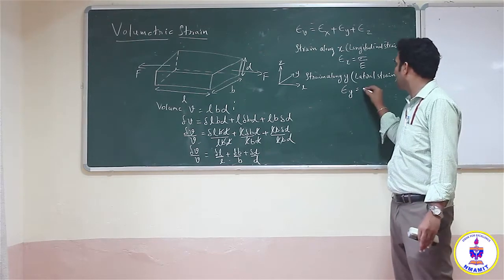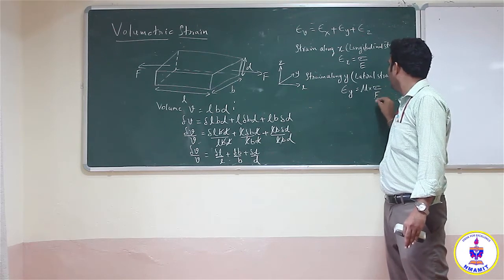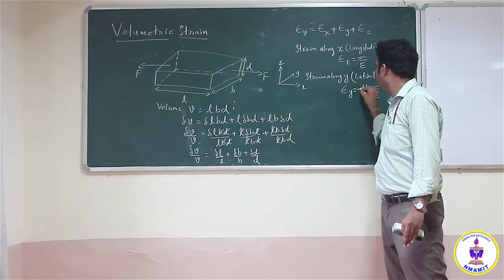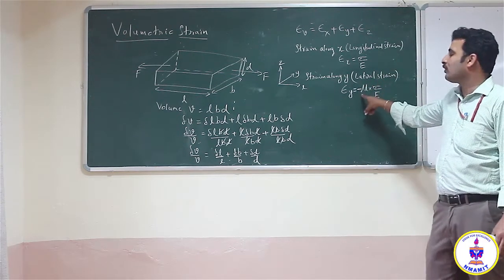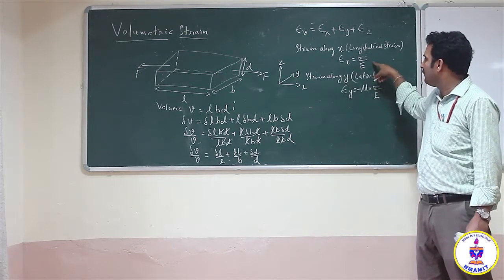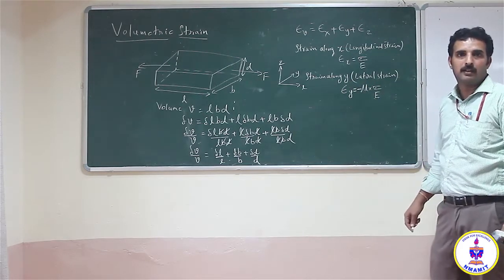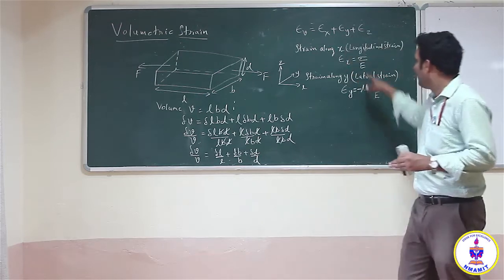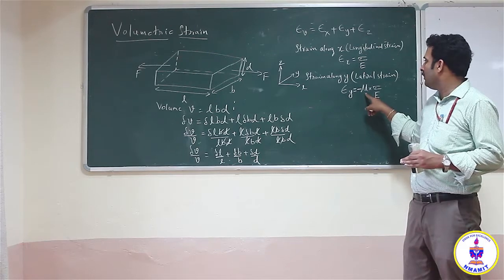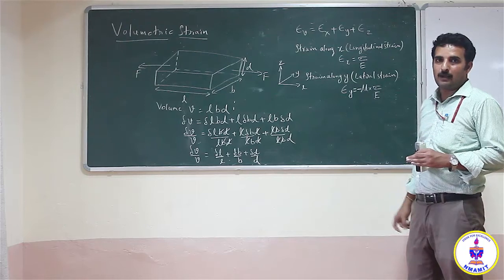So I can write this as minus mu into sigma by E. Since it is lateral, I put a negative sign, where the negative sign indicates that the effect is opposite. That is, the length is increasing while the width is decreasing. To differentiate between increase and decrease, here I use a positive sign and here a negative sign. So lateral strain equals Poisson's ratio into the longitudinal strain epsilon X, with a negative sign.